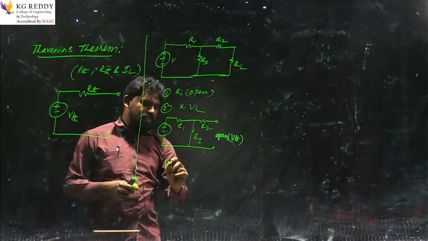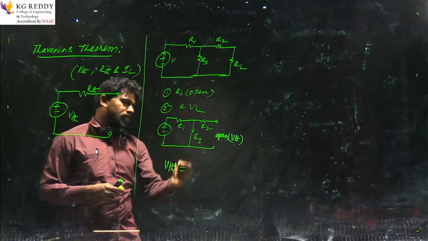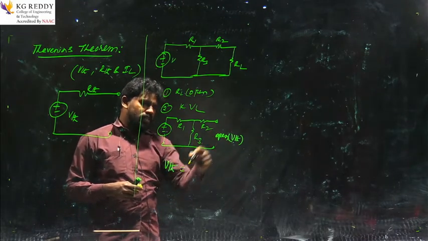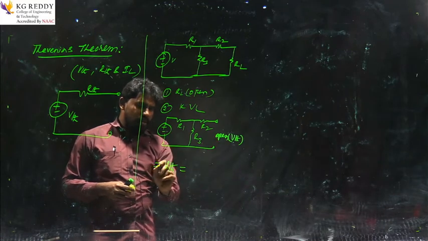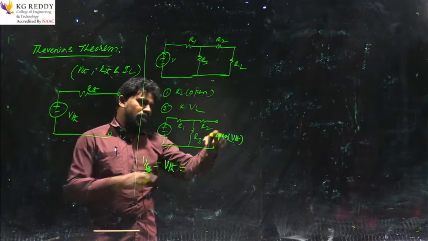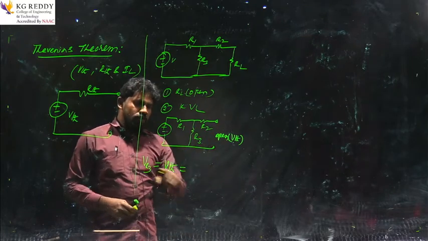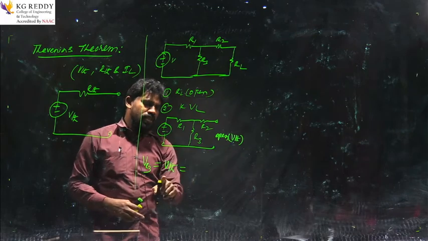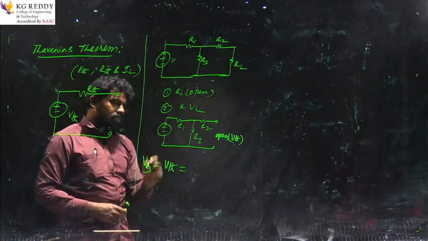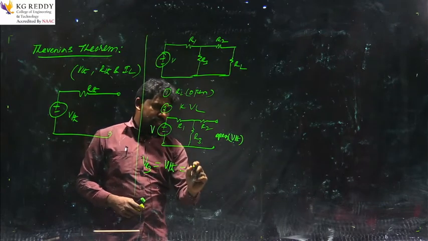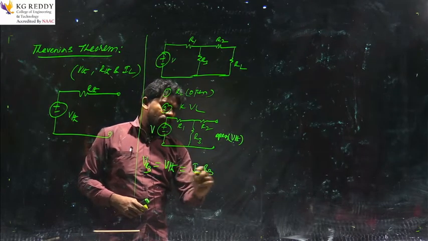VTH is the open circuit voltage, the voltage across the open terminals. That is the voltage across R3 also. So the voltage across R3, which equals the open circuit voltage, is also called Thevenin's voltage. That is I into R3.